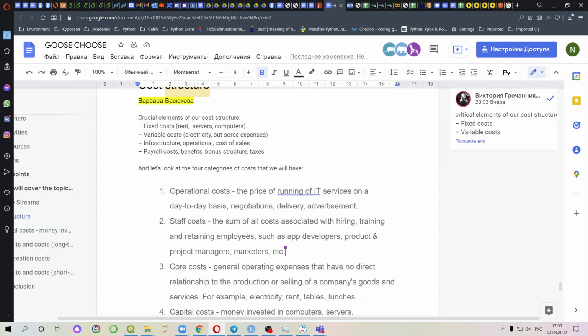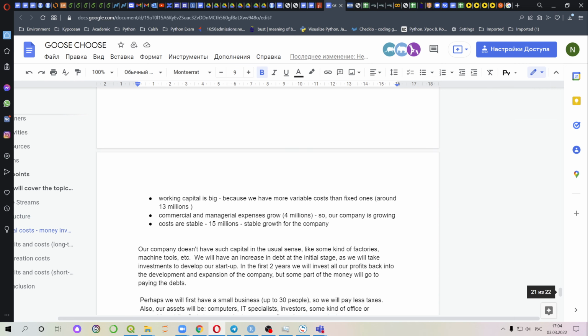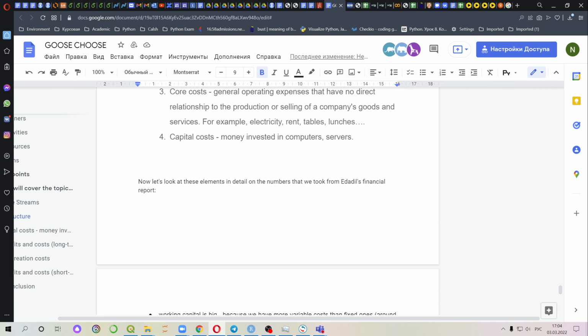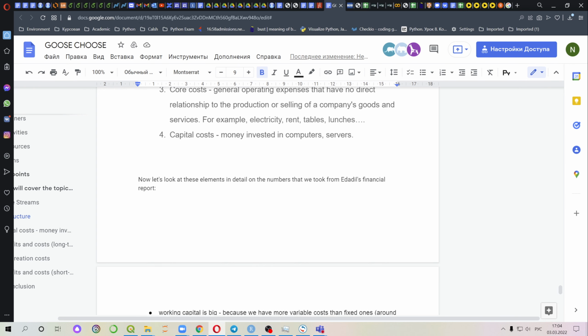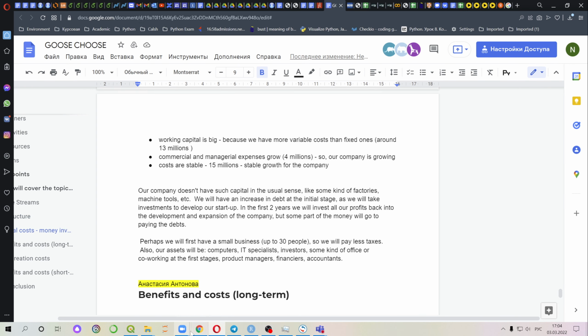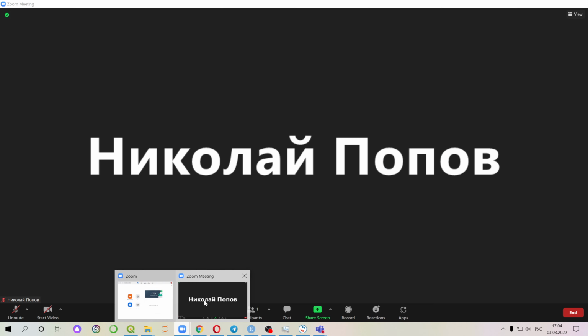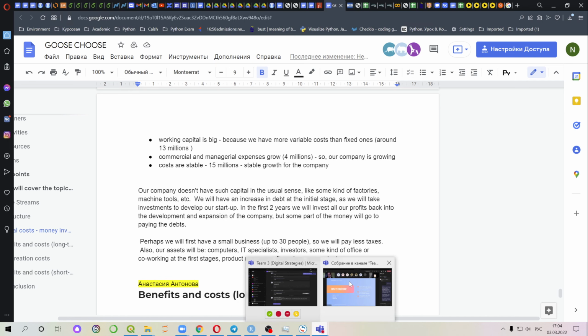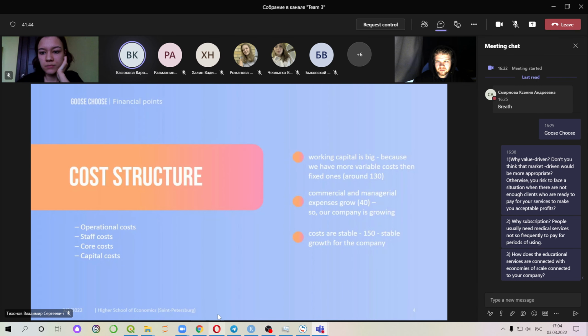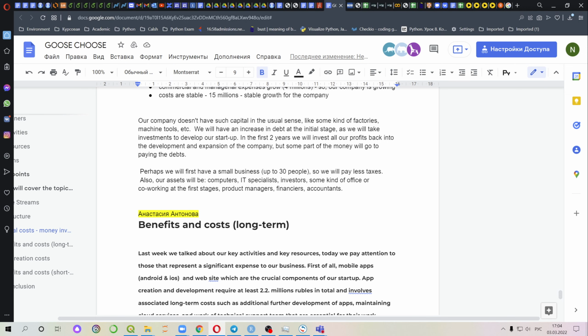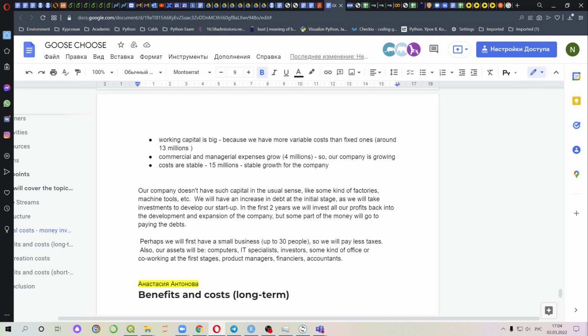All of the numbers we took from Deal and other competitors' financial reports. So working capital is big because we have more variable costs than fixed ones, around 13 millions. Commercial and managerial expenses grow about 4 millions.